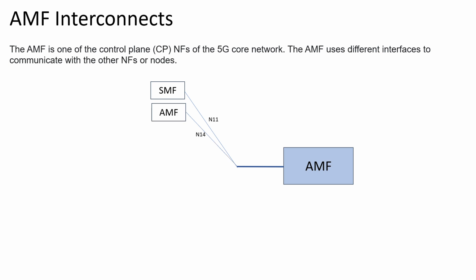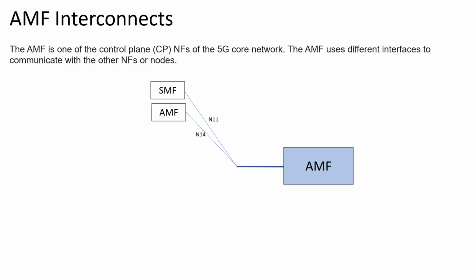AMF also talks to another AMF. As we explained, AMF maintains the mobility of the customer. It ensures that subscribers seamlessly move from one area to another area. Sometimes the subscriber moves from one area to another and both these areas are being served by different AMFs, right?